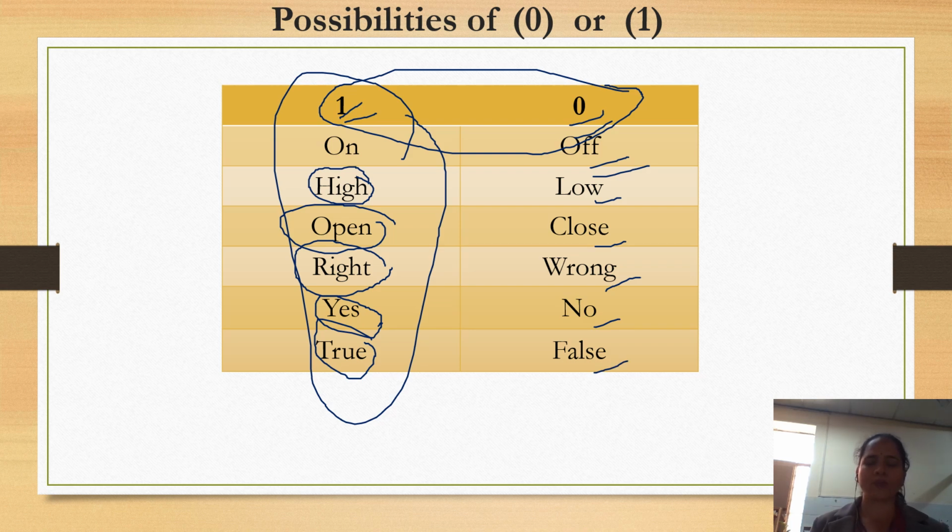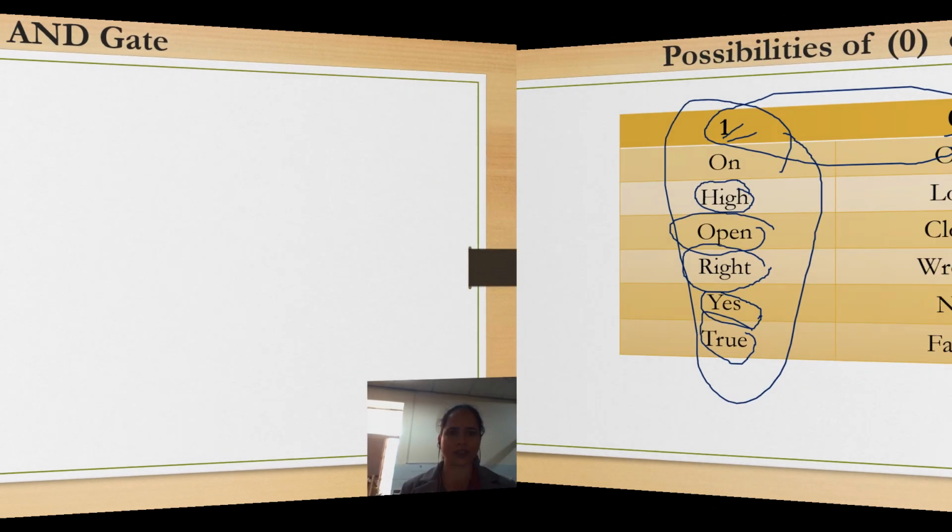So they are opposite to each other. One is high voltage, or binary representation 1, whereas 0 is low voltage and the circuit is closed. That's how 1 and 0 are represented in the circuit.